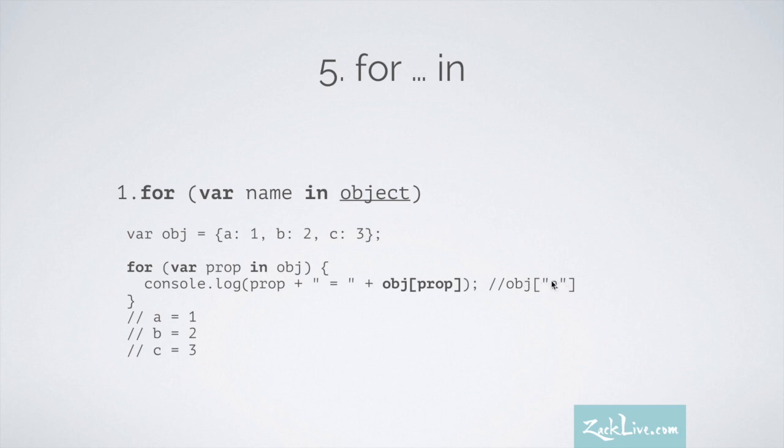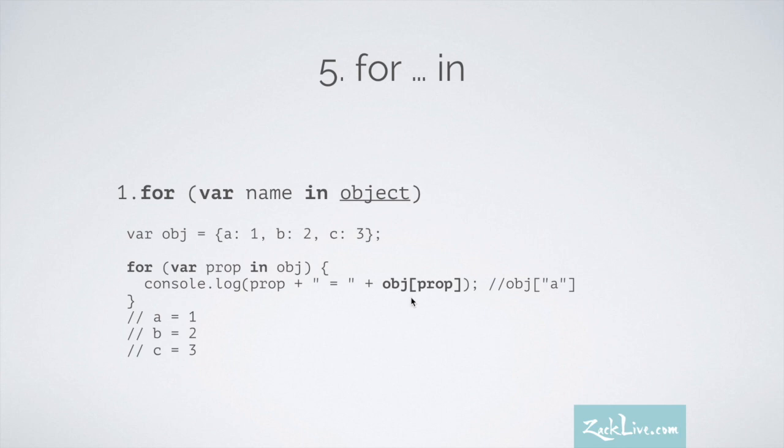value of that property. What if we use a dot operator here, like object dot prop? Can we get the value of that property?